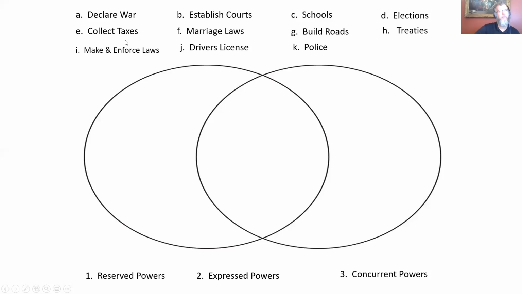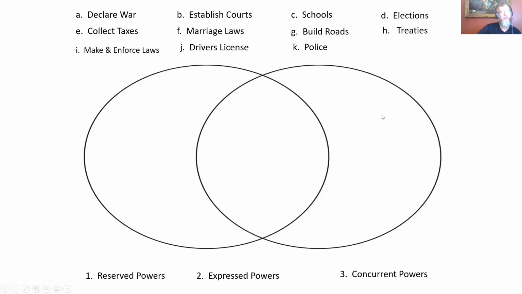All right, so again, make sure you know how to sort these, but I'm just going to do it real quick. Declare a war, this would be an express power. Collect taxes, that's both. Make and enforce laws, that's both. Establish courts, both. Marriage laws, states only. Driver's license, states only.